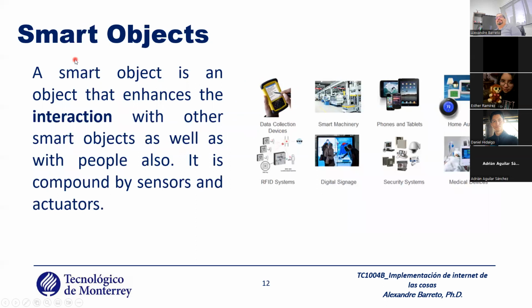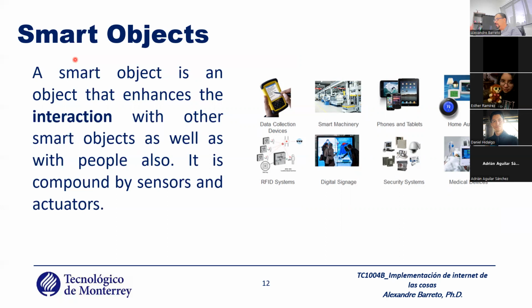And what is a smart object? A smart object is a system that has the capacity to interact with other smart objects. For example, in my case here in my office, I can control the air conditioner by my cell phone. Okay, I don't use the expert to do it.